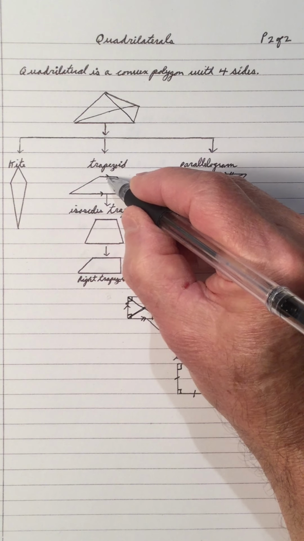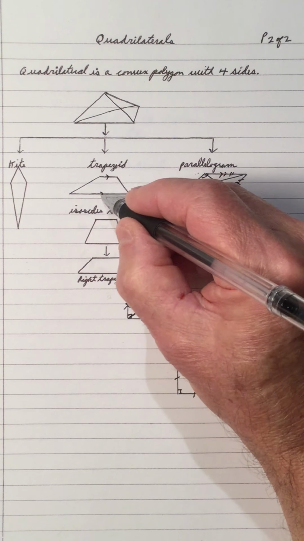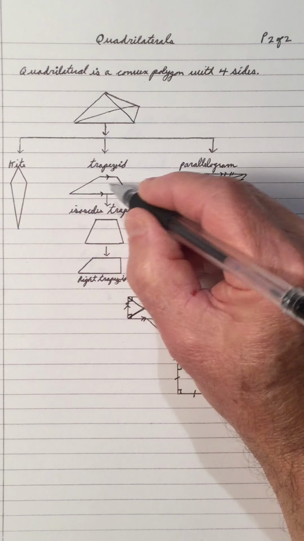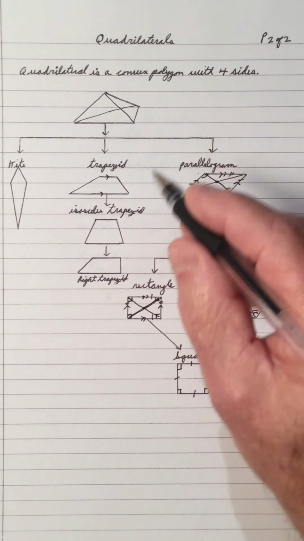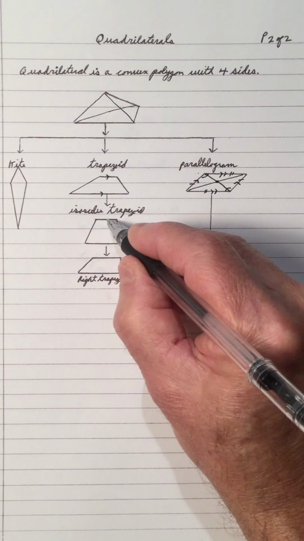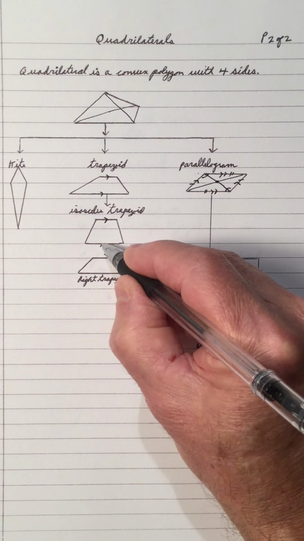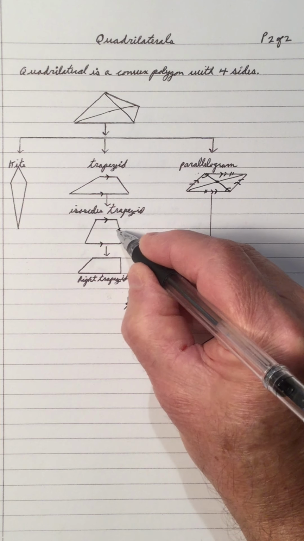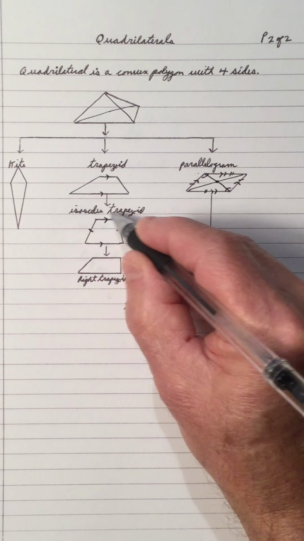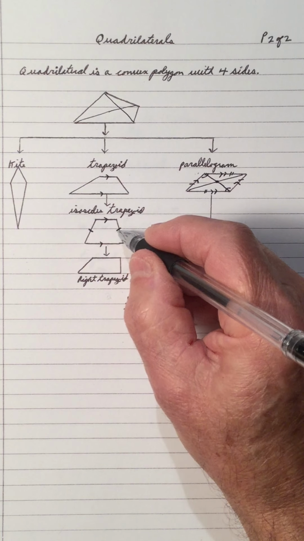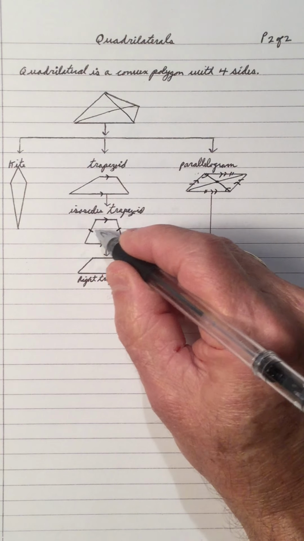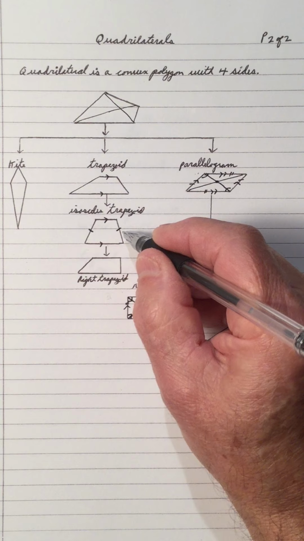So when you have a quadrilateral with only one pair of parallel sides, and the other pair are not parallel, we have a trapezoid. An isosceles trapezoid has one pair of sides parallel only, but the legs are equal. Isosceles means, like an isosceles triangle has two sides equal, so a trapezoid has the two legs equal.